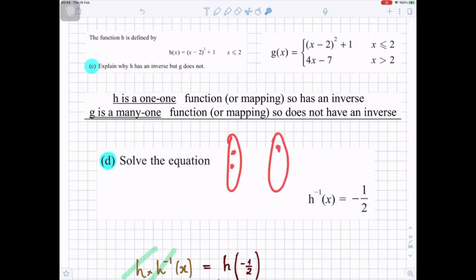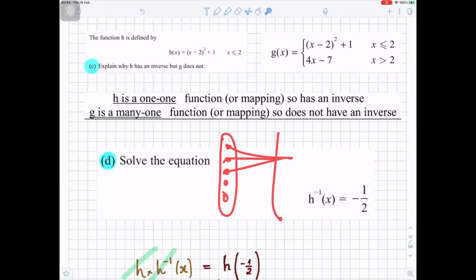One-to-one is like that, and you can come back the other way. Many-to-one, like you can have 1, 2, 3, 4, 5, and there's 3 of them that go to 1. So that's many-to-one, and you cannot come back. You don't know where to come back to.